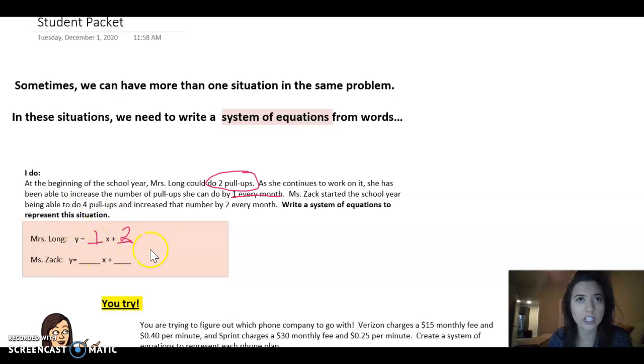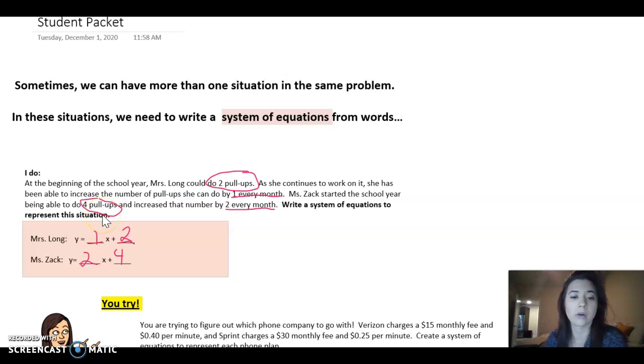So that is my equation that represents me and the number of pull-ups that I personally can do. Ms. Zach, her starting was 4 pull-ups. So again, the starting value goes over here on the end, and then she increases that by 2 every month. So her rate is 2, and that again goes next to the x. And now we're done. That is the system of equations that represents these 2 different scenarios.